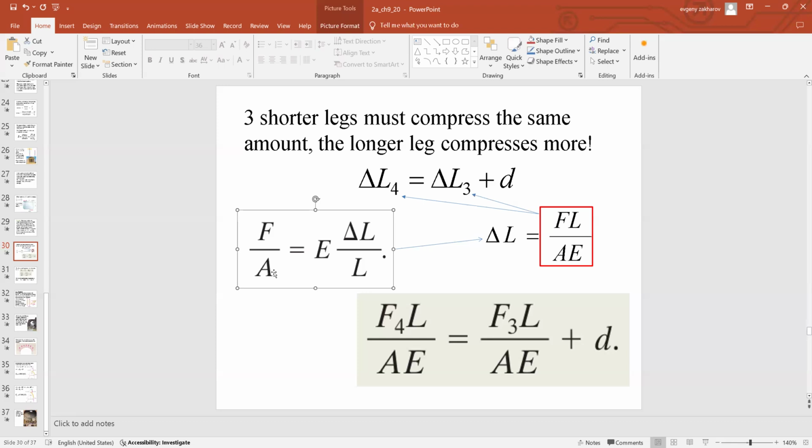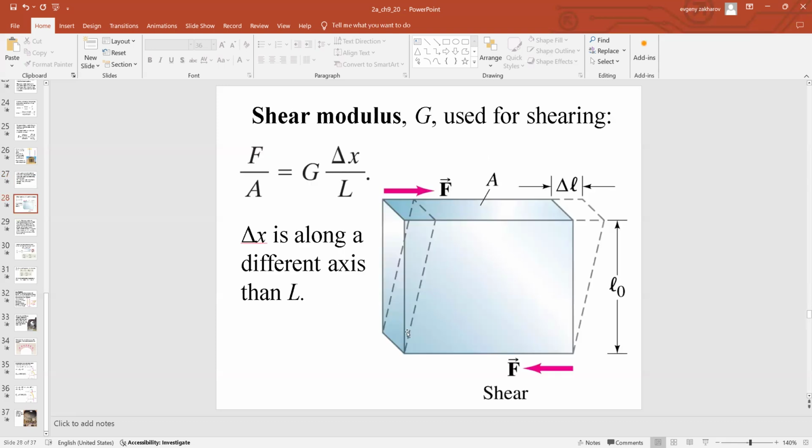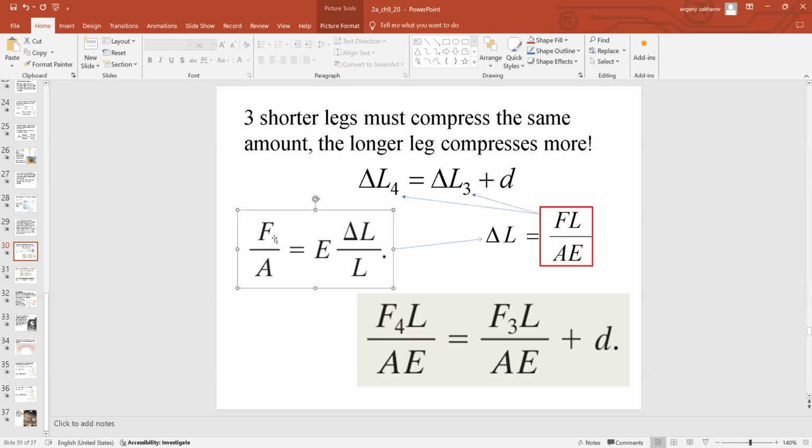Force over area, this is the stress. Elongation versus the original length is the strain, and the Young's modulus is right in the middle. Let's take a look. If you want to solve for stress, it's Young's modulus times the strain. So stress is strain times the Young's modulus. That's what I have here. Stress is Young's modulus times the strain.